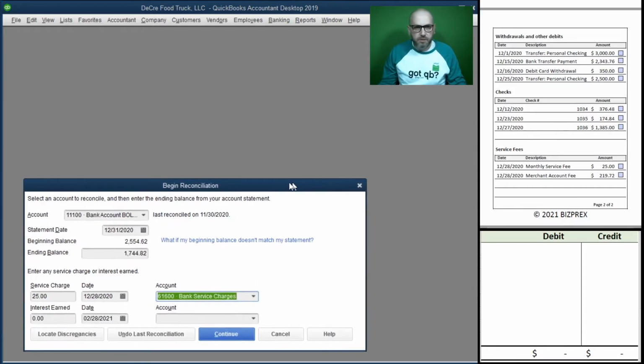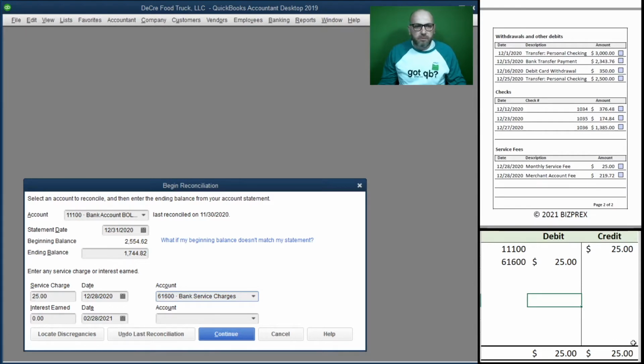So again, once we continue with reconciliation, we're going to book this entry. Let's make sure we understand what's happening. Our bank account balance will be reduced by $25, right? Because the bank will charge us and they will take the money out of our account. And our expenses on bank service charges will go up.